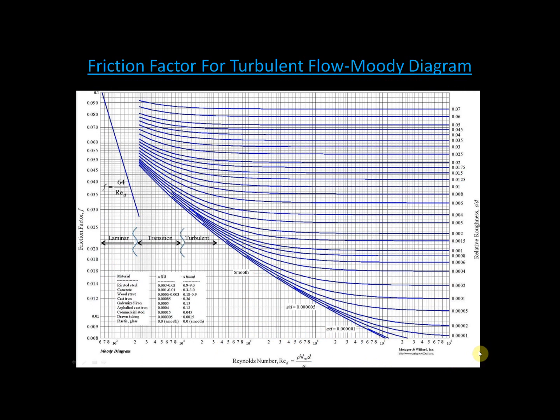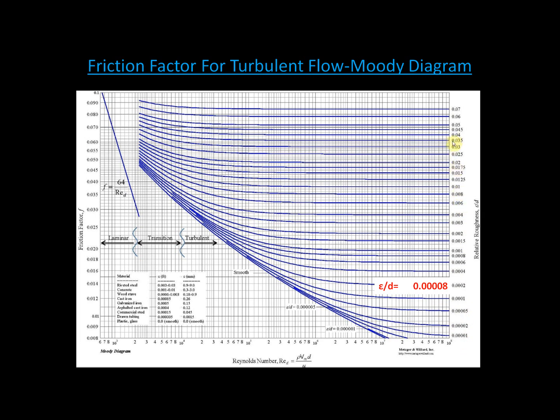So let's clean up our Moody diagram. And let's just say we have some problem where I'm given some material, so I'm able to look up my roughness. And I know the diameter of the pipe, so I can compute the relative roughness, making sure my units are the same. So let's say I do that and I say my relative roughness is 0.0008. So I'm going to find 0.0008 on the right-hand side here.